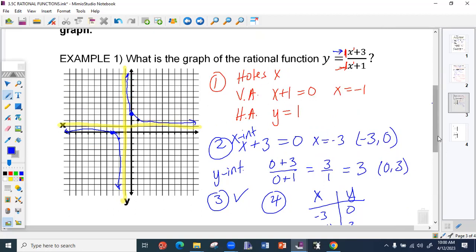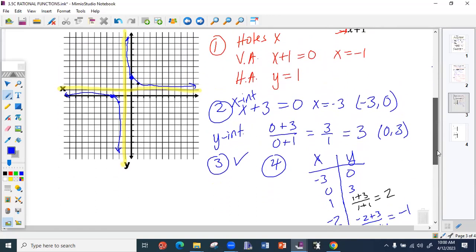Okay, so from here, you should be able to define your domain and your range. Your domain goes from left to right. If I'm going all the way to the left, where do I start? -infinity. And what causes me to stop? My asymptote. So I stop at -1. I continue from -1 to infinity.